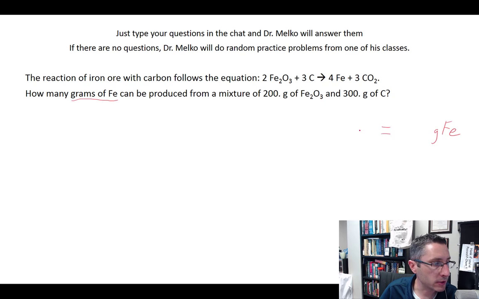So I know I'm going to be solving for grams of Fe. But I can identify it as a limiting reactant problem because I'm given 2 different masses of 2 different substances. So I'm going to have to do 2 stoichiometry problems.